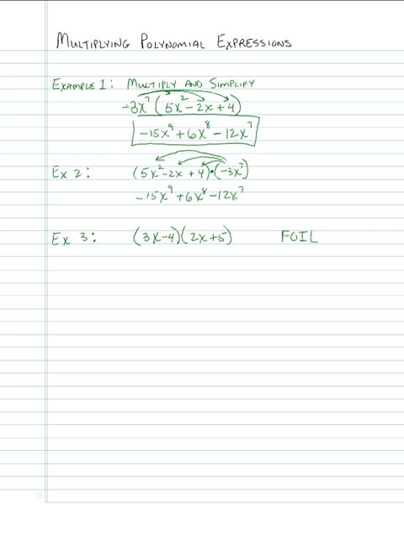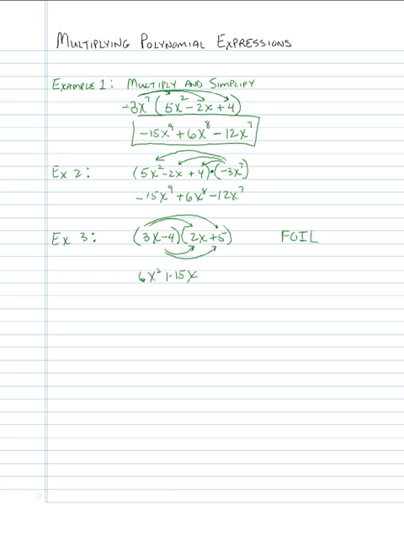And I don't really care about that as I'll refer to it as FOIL, but we need to understand the process of polynomial multiplication. We'll take the 3x and make sure it multiplies the first term, and then make sure it multiplies the second term. And then we'll take the negative 4, make sure it multiplies the first term of the second polynomial, and then with the second term. So 3x times 2x, of course, is 6x squared. And then 3x times a positive 5 is plus 15x.